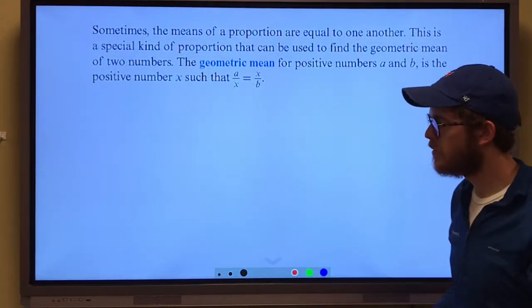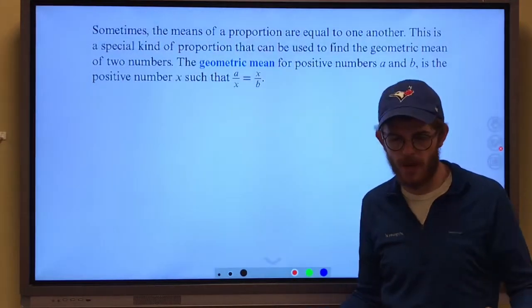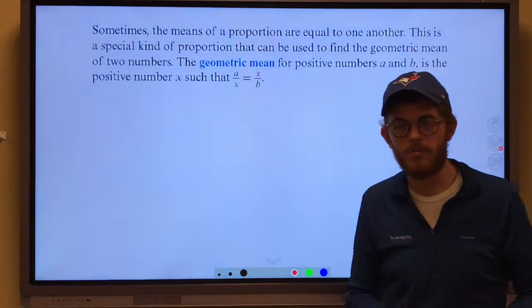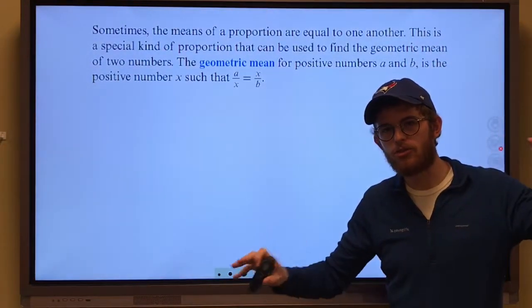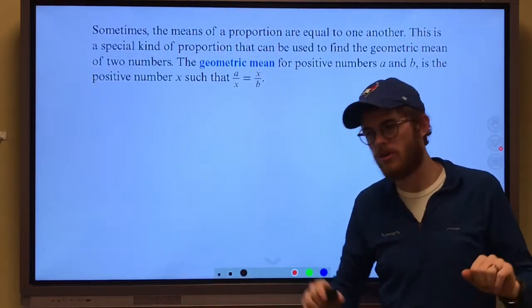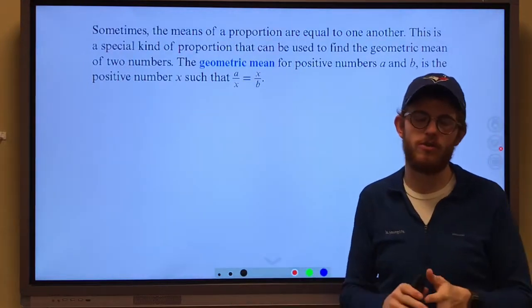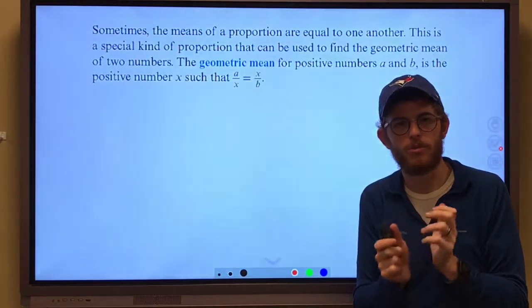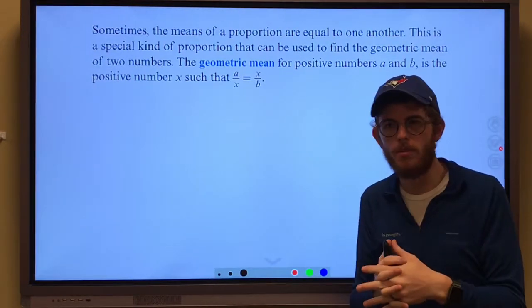Geometric mean. Remember, when we talk about a proportion, we have the mean values, the two values in the middle, and the extremes are the smallest and the largest value. The means are the numbers in our proportion that are in the middle.